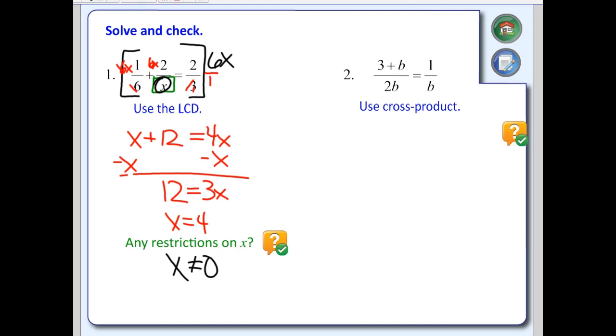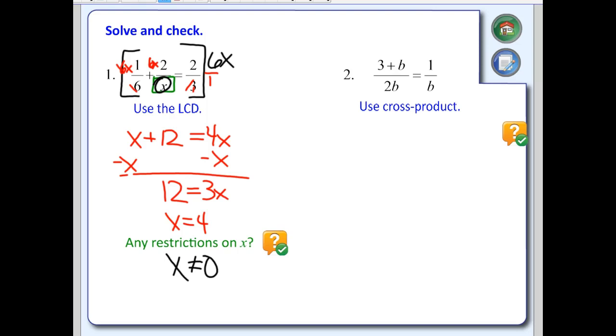This is exactly the one off the first slide. As soon as you realize, hey, I've got a fraction equals a fraction, we can solve this as a proportion. Remember, we've got the means equals the extremes from yesterday.